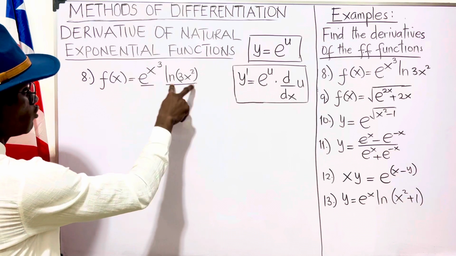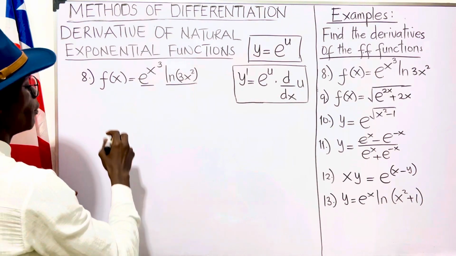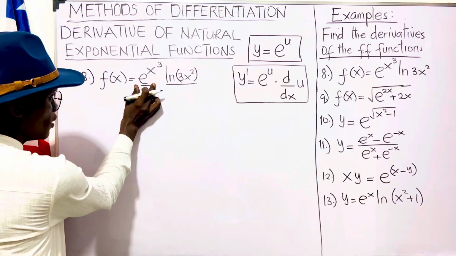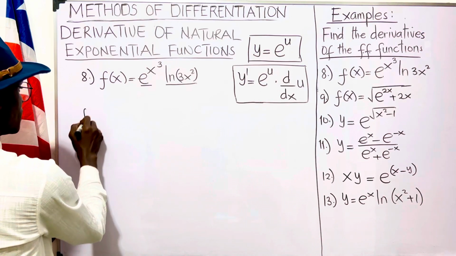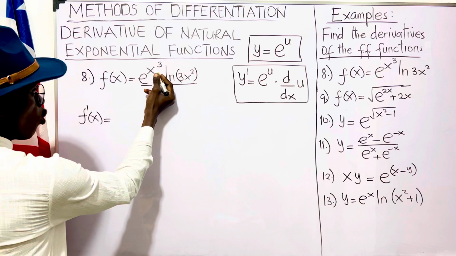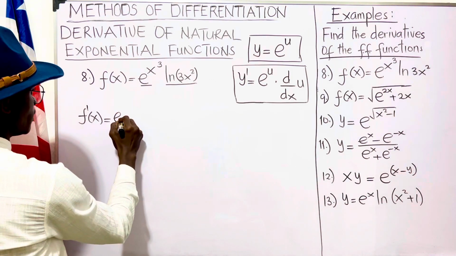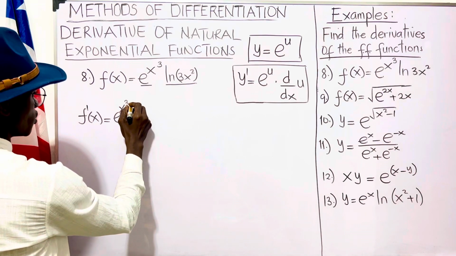Because we have two functions, we must apply the product rule, one function being multiplied by another function. So the product rule says f prime of x: we hold one of the functions, so we can decide to hold the first function, and then we differentiate the second function.